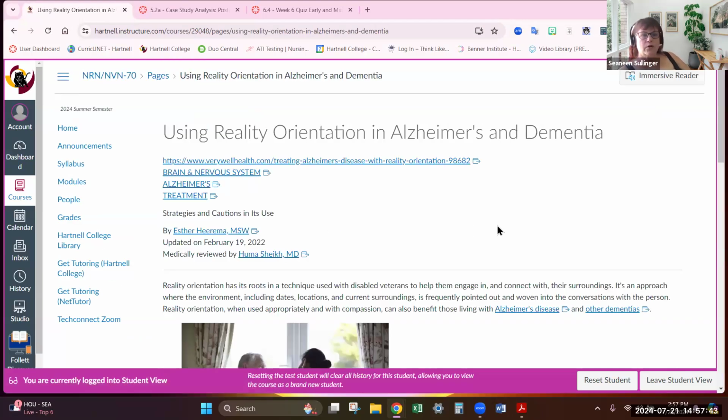This I thought was an interesting article, which is why I added it here, again from Very Well Health, using reality orientation in Alzheimer's and dementia. We used to use a type of reality orientation when veterans would come back from war, and we would try to reassimilate them into society and to reorient them to their surroundings and to communicate with people like they did prior to going to war.